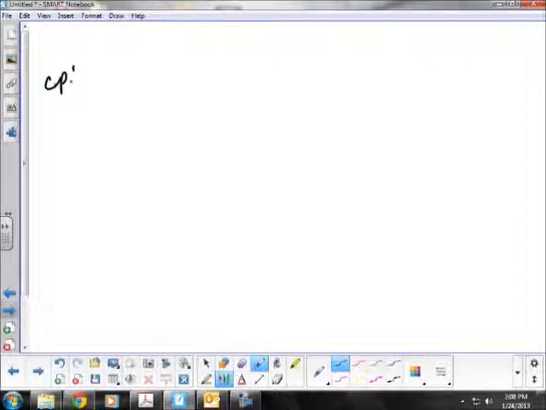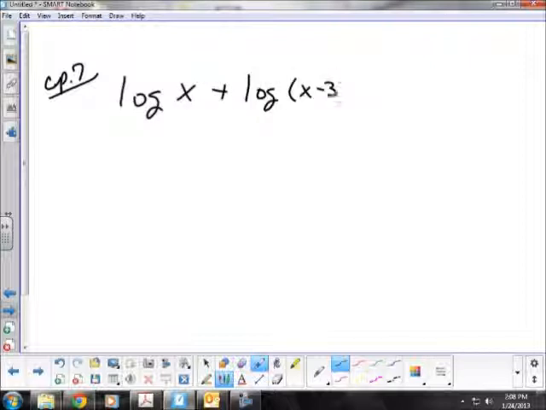Checkpoint 7 is the exact same idea. We just have to do a little bit more to this one because it says to solve this equation. It says the log of x plus the log of x minus 3 is equal to 1. We cannot do that definition idea until I have just one log.